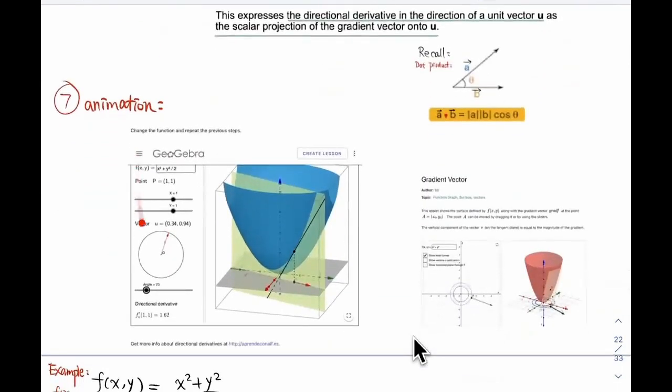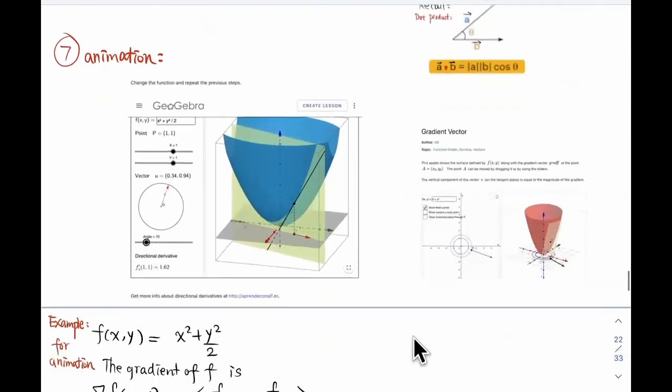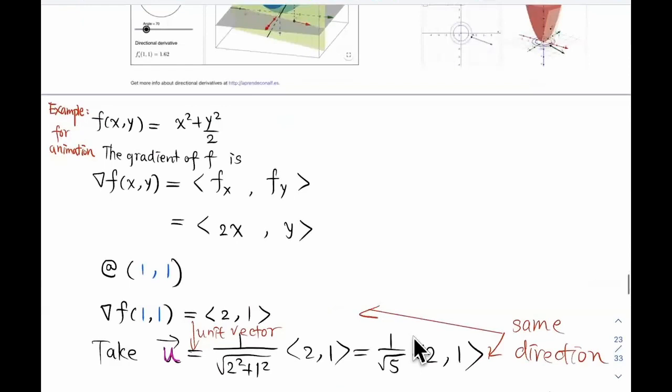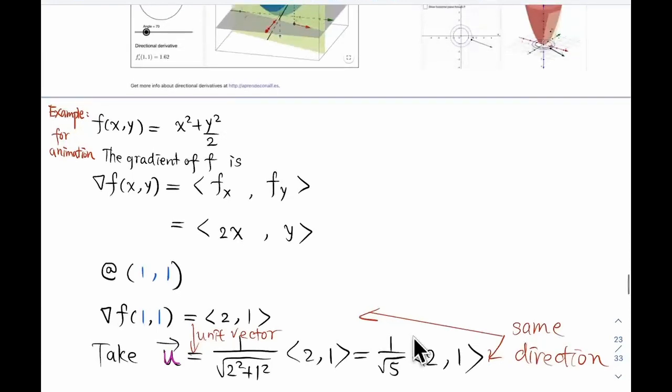And I gave some reason here. I'm not able to do the animation, but you guys can try it at home. Okay. And over here, I have an example for animation. Even though I couldn't do the animation, let's do this example. So I have this function. The gradient of this is going to be, well, you take the partial derivative of the function with respect to x and with respect to y.